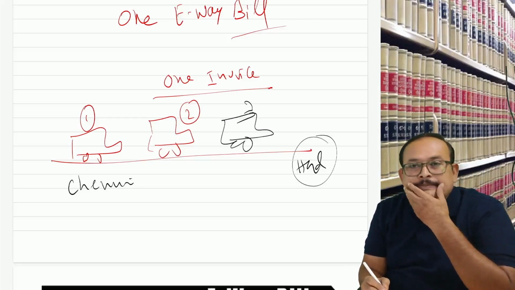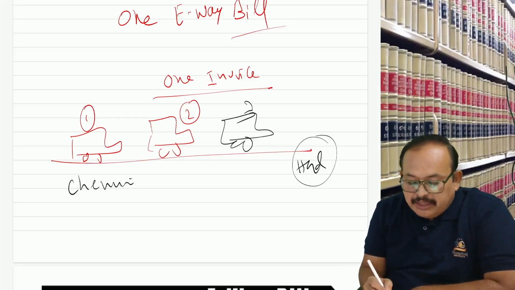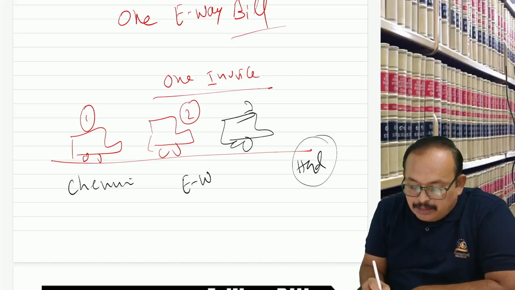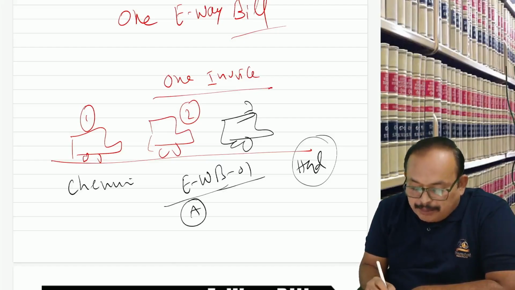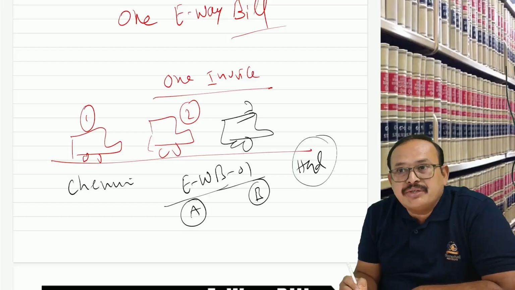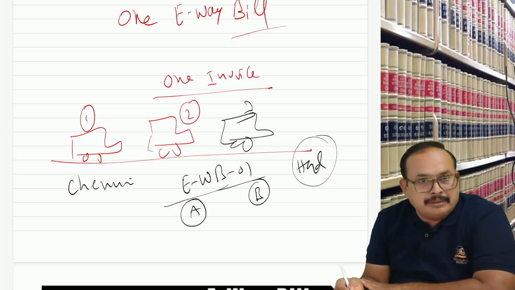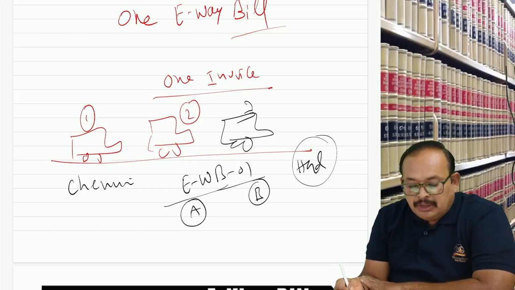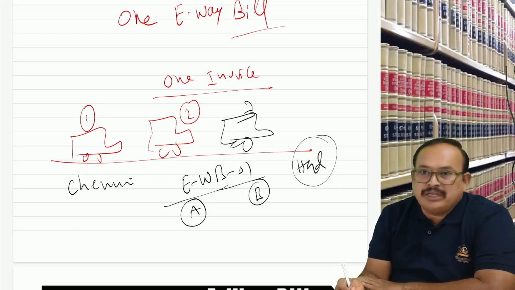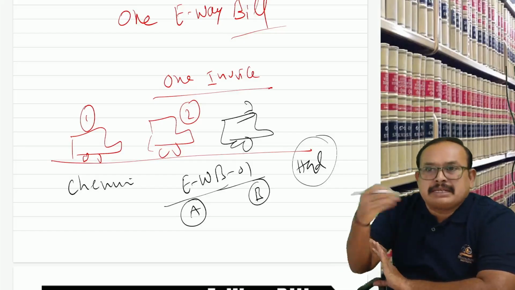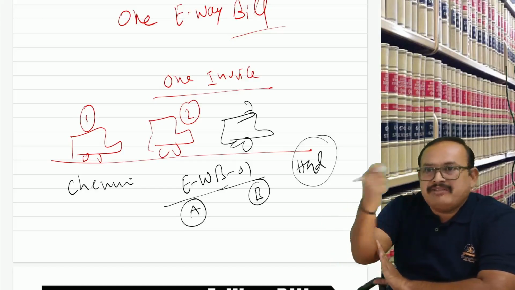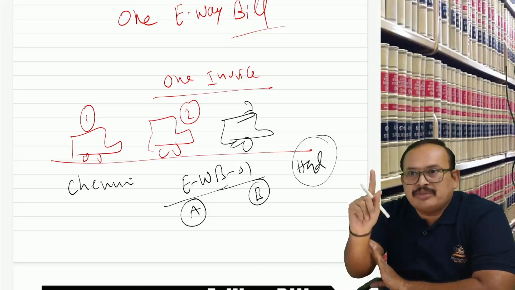Now what happens? Here EWB-01, Part A information is common, Part B information is changing. You get my point, sir? In that case, he is asking how many e-way bills. Since one invoice is split into 3 trucks, and e-way bill is required invoice-wise, there is one invoice only.